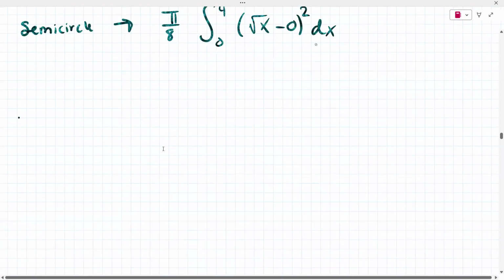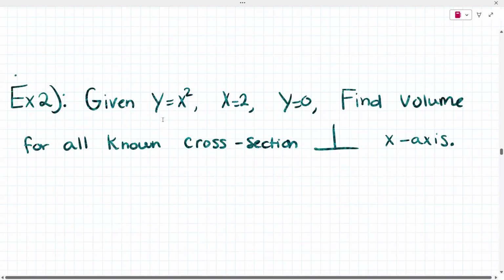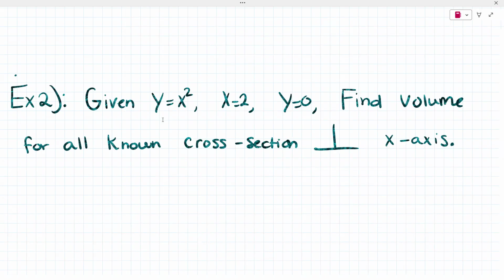Okay, let's move on to example 2. Example 2 says we have y equals x squared and x equals 2 and y equals 0. Find the volume for all known cross sections perpendicular to the x-axis.